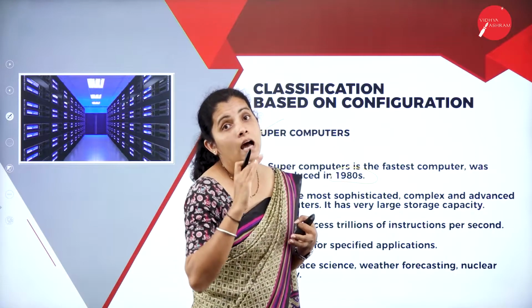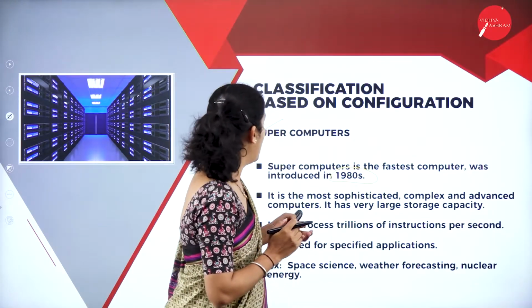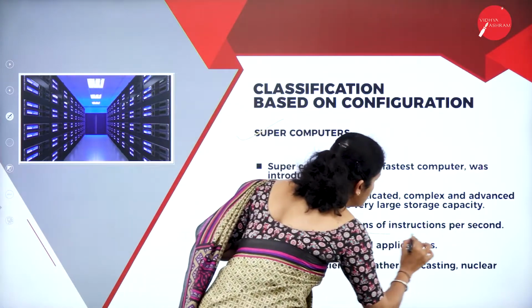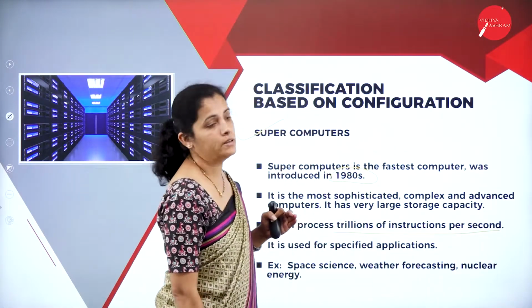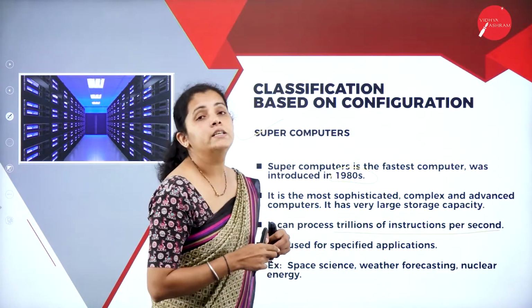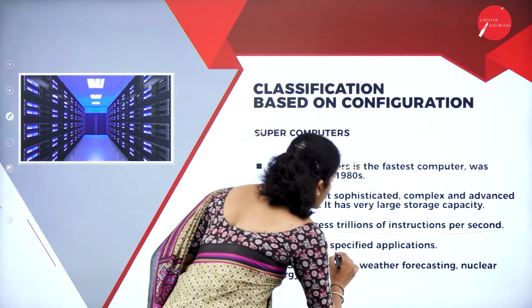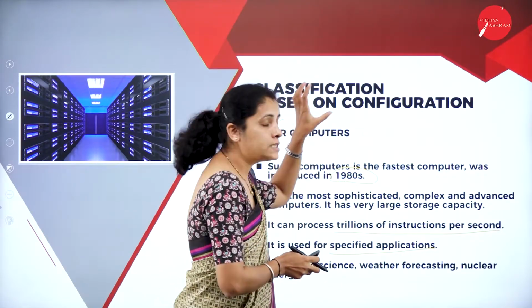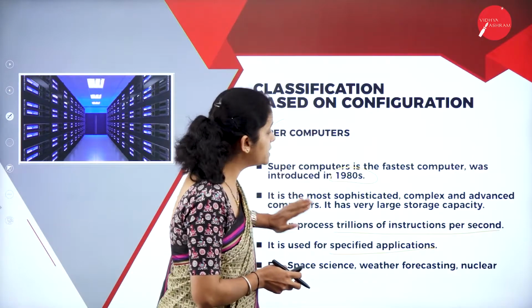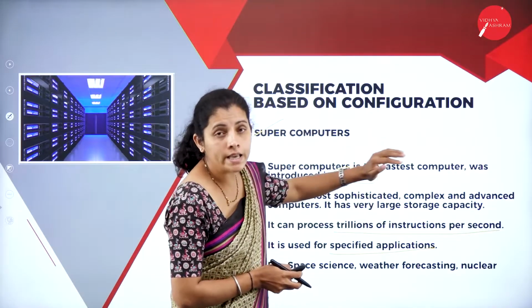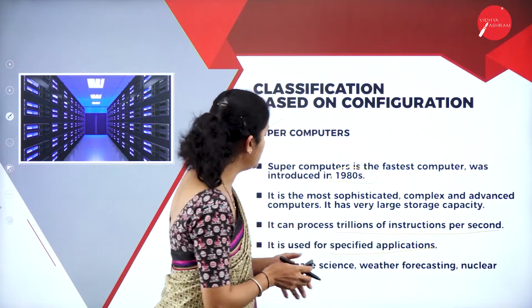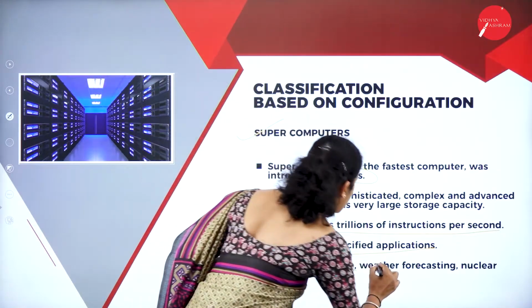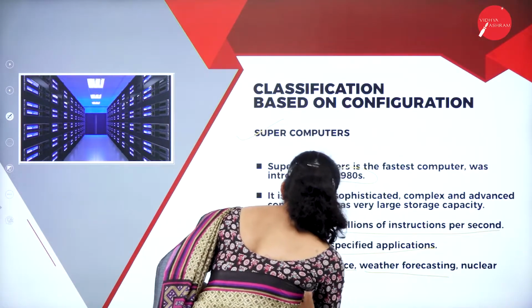It has large storage capacity and is responsible for executing trillions of instructions per second, and it is mainly used for specified applications. I repeat, supercomputers are mainly used for specified applications. When I say specified applications, it may be space science, weather forecasting or nuclear energy.